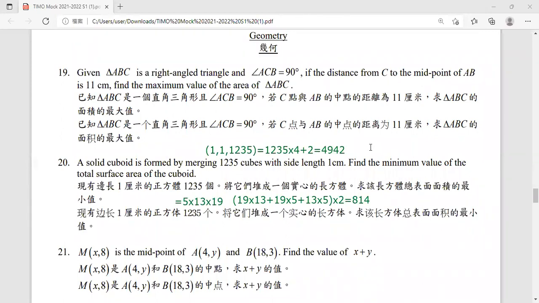Now, if I have a fixed volume, and I want to make the surface area largest, I will make it into a very long shaped thing.